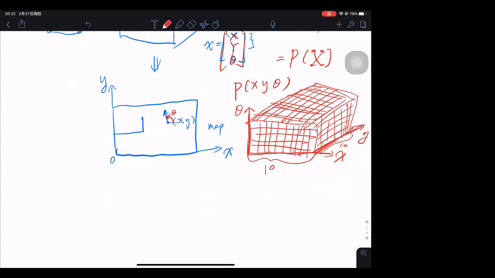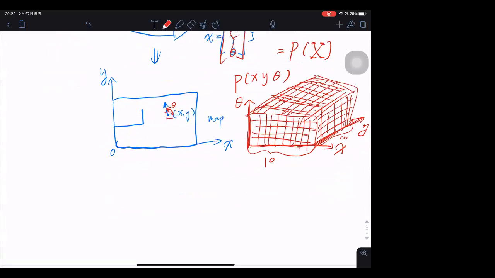That means we localize the robot only with a precision of, let's say, a 10 meter by 10 meter space, so we can only localize at 1.0 meter precision. I only want to say the robot is in this cell. We need this because we cannot easily show the probability over a continuous space.